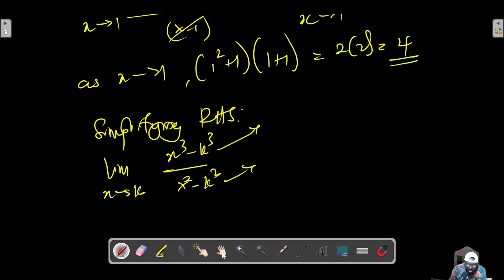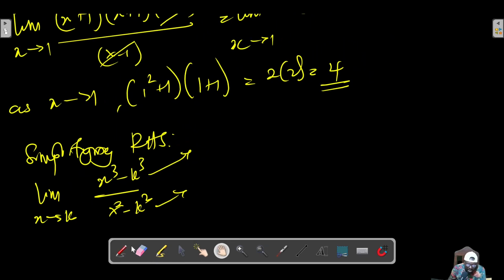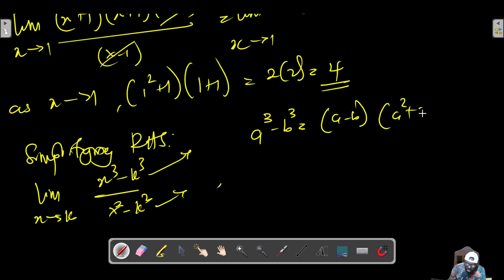So you remember from algebra, I think I said this in the previous lecture, if you have something like a cubed minus b cubed, then to factorize it, it is written as a minus b in parentheses, a squared plus ab plus b squared in parentheses. So we substitute this expression with its corresponding factorized difference of two cubes.